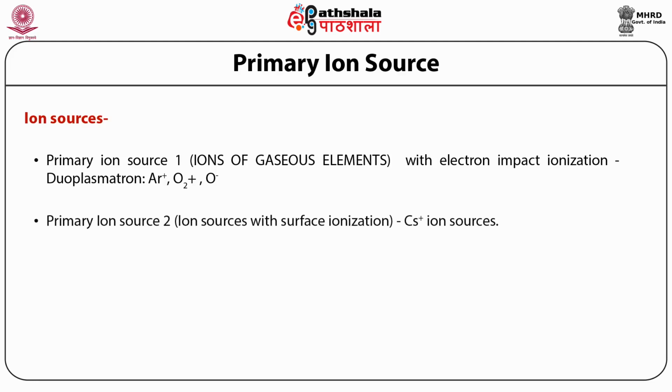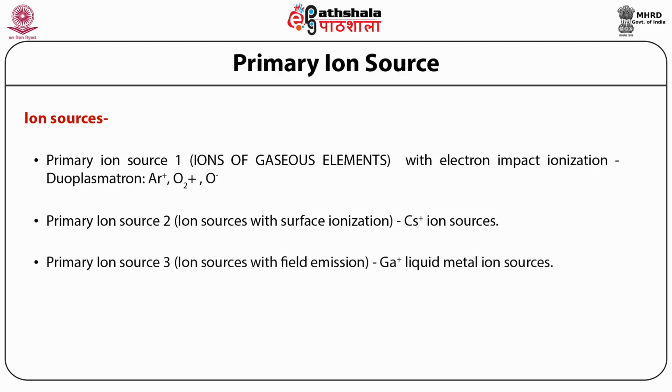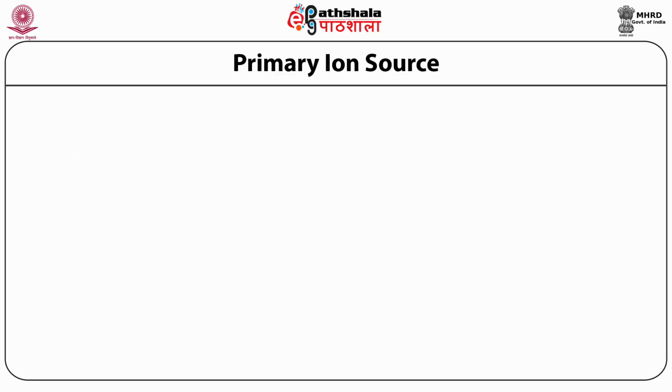Second is primary ion source 2, ion sources with surface ionization, cesium plus ion sources. Third is primary ion source 3, ion sources with field emission, which is gallium plus. This is called liquid metal ion sources.